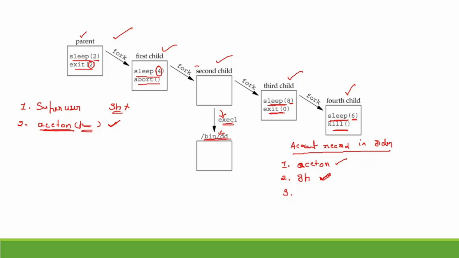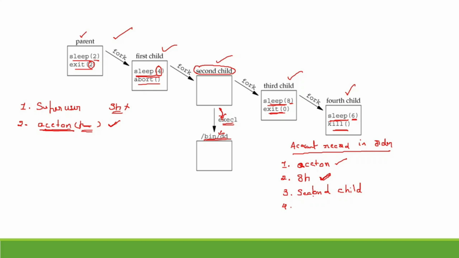That is nothing but the second child, because the second child performs execl and is executed. If you observe, the other processes are made to sleep for some amount of time and the second child is not, so it is executed immediately and gets terminated. So the process belonging to the second child will be the first entry in my process accounting record.